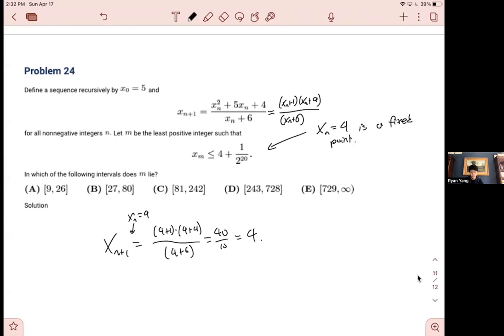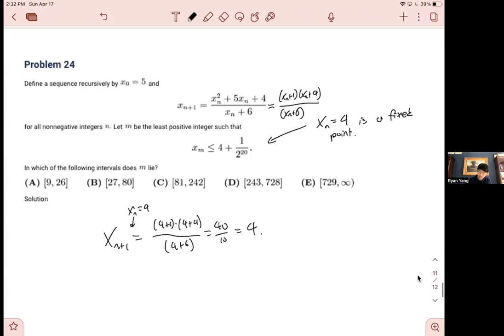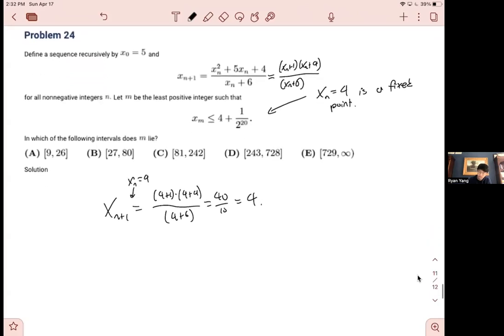spot. And so now we use a technique: we substitute y sub n equals x sub n minus 4.